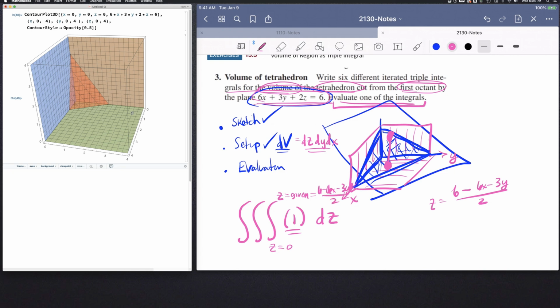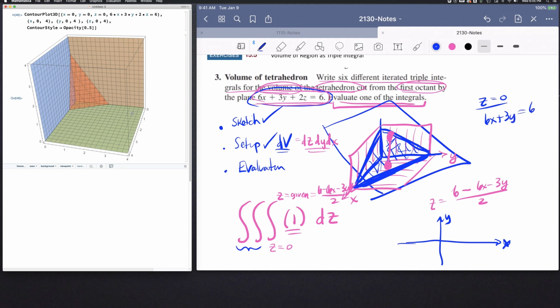And now we're done with the three-dimensional aspects. We are now into the xy plane. Okay? And now we need to finish the other two limits of integration, the x and the y's. But this plane comes through and crosses into the xy plane when z is equal to 0. When z is equal to 0, we get 6x plus 3y is equal to 6.